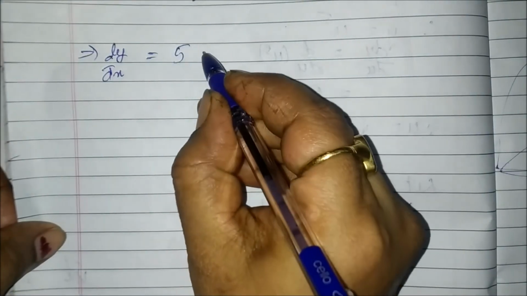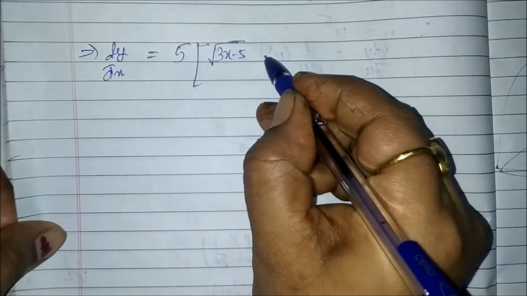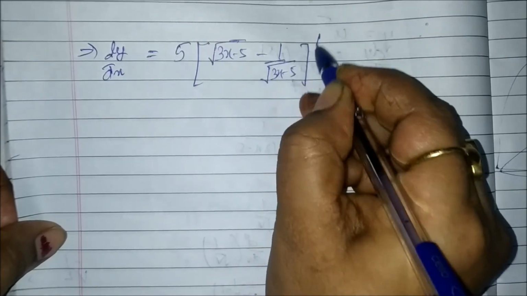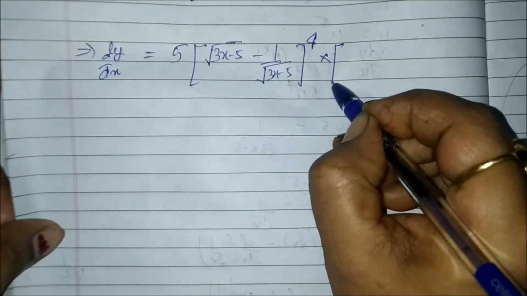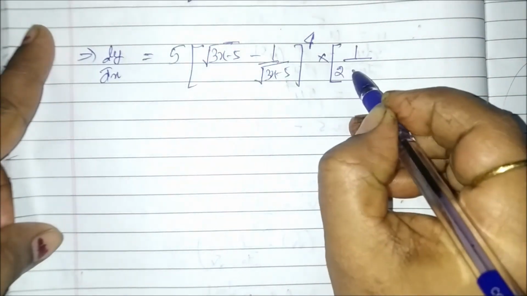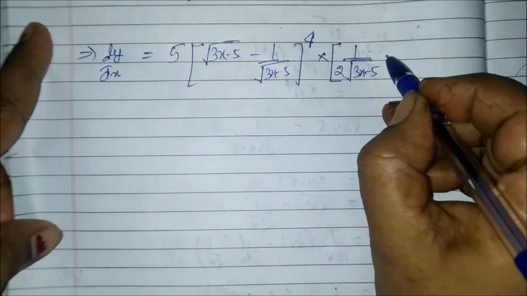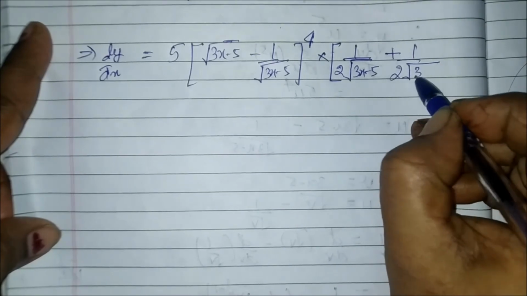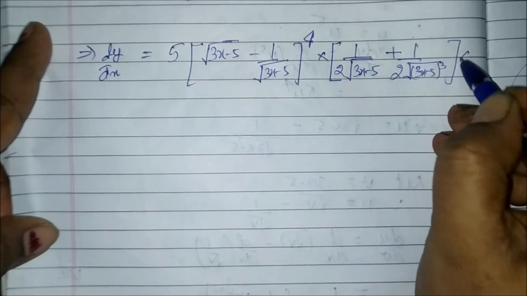Replacing u, we have 5 into (root of 3x minus 5 minus 1 upon root of 3x minus 5) raised to 4, into, in place of du by dv, 1 upon 2 root of 3x minus 5 plus 1 upon 2 root of (3x minus 5) cube, into 3.